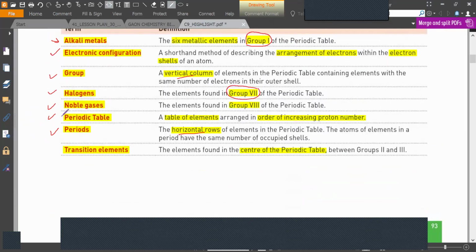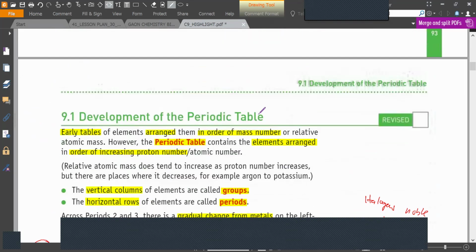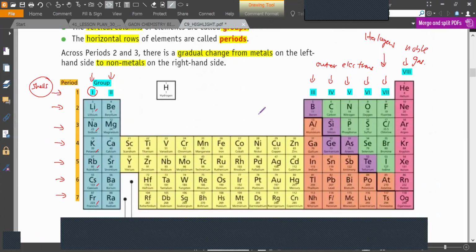Periodic table: a table of elements arranged in order of increasing proton number. We need to understand how we arrange the elements. Why do we start with hydrogen, follow with helium, lithium, beryllium, boron? Why do we do it in this order?